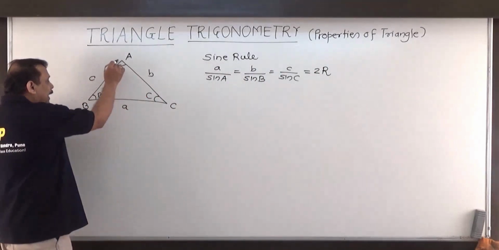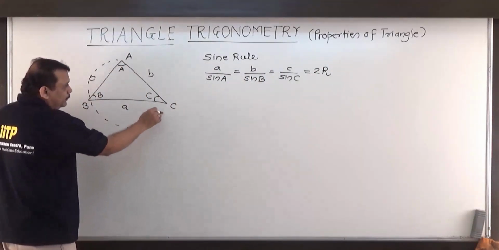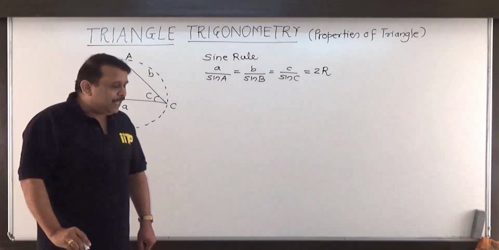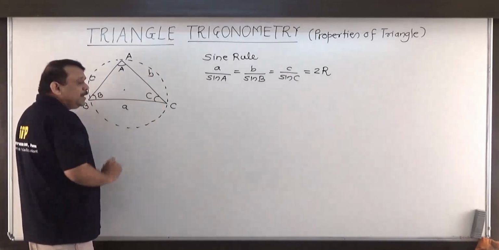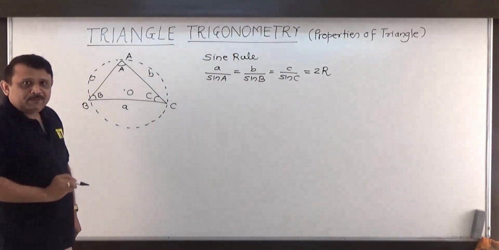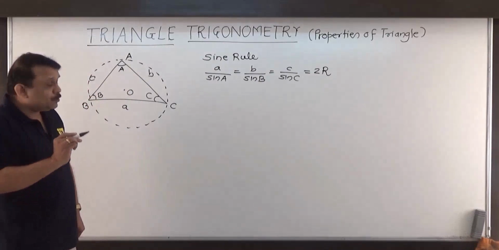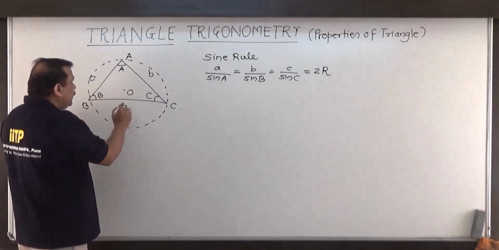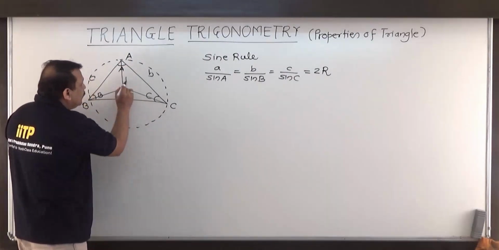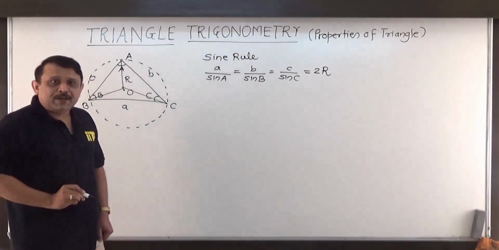That means I can draw one circle passing through the vertices of the triangle ABC, and if I take O as the center of this circle, which is called the circumcenter of triangle ABC, then this OA, OB and OC are each equal to what?